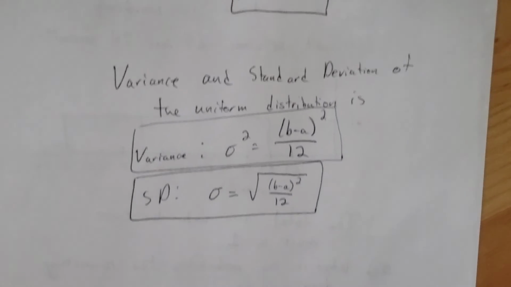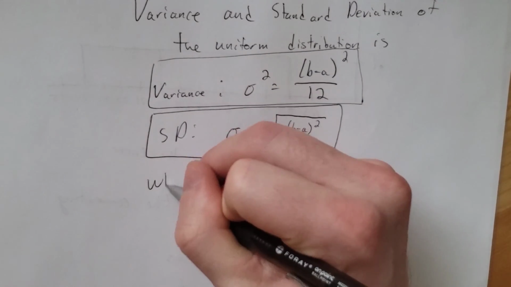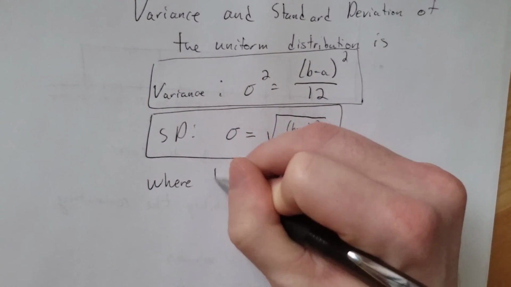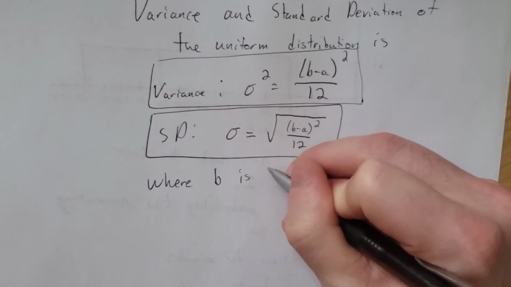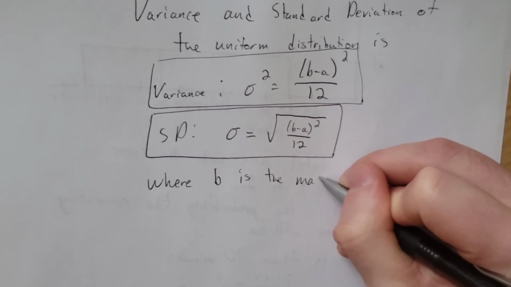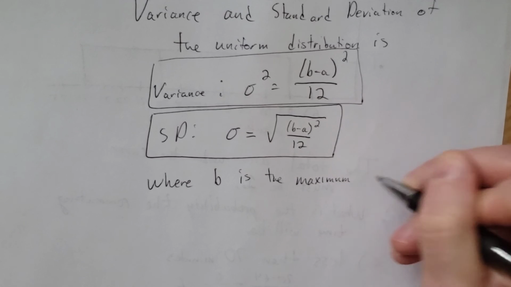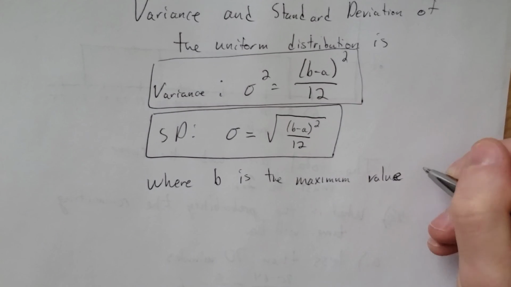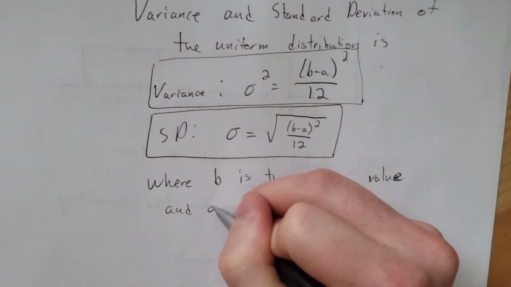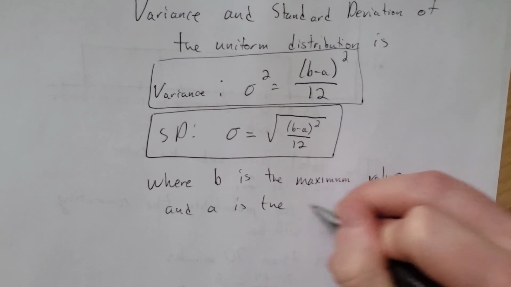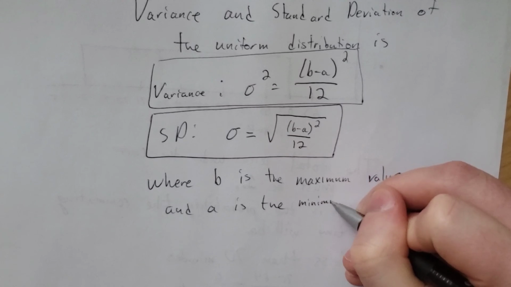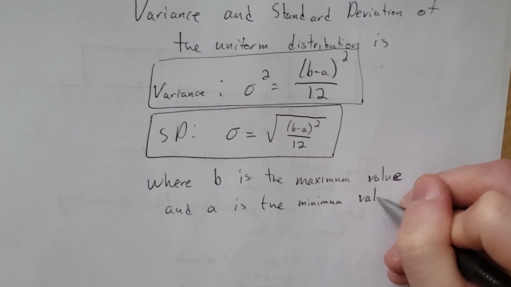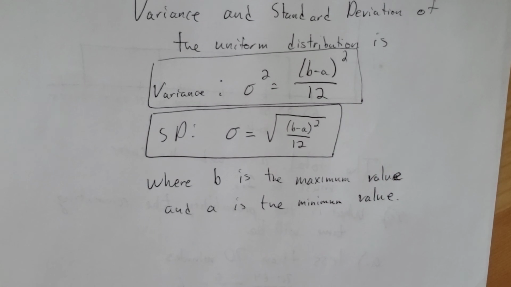B is the maximum value and a is the minimum value. And that's it for this video.